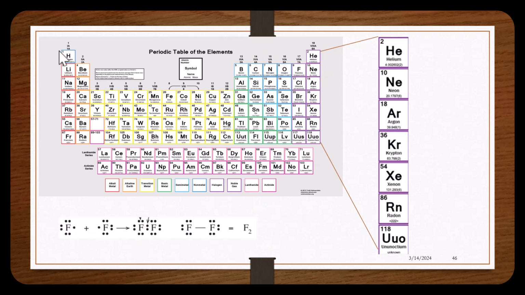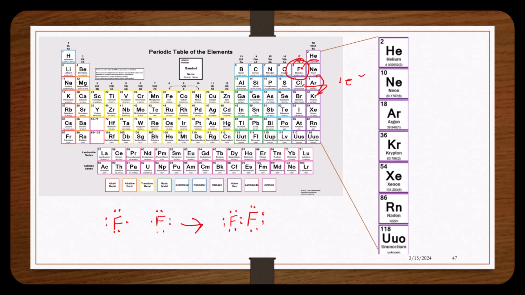Let's take a look at another diatomic molecule that's covalently bonded, which is diatomic fluorine. The element would be found right here on the periodic table, and fluorine is in group 7A. So to reach the noble gas configuration of a complete octet, it would have to gain 1 electron. So fluorine right here needs to gain 1 electron to get to the noble gas configuration of neon.